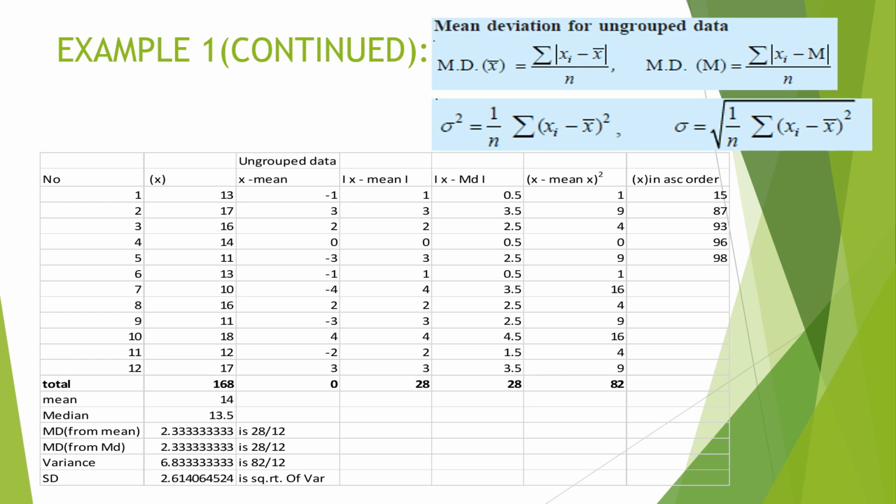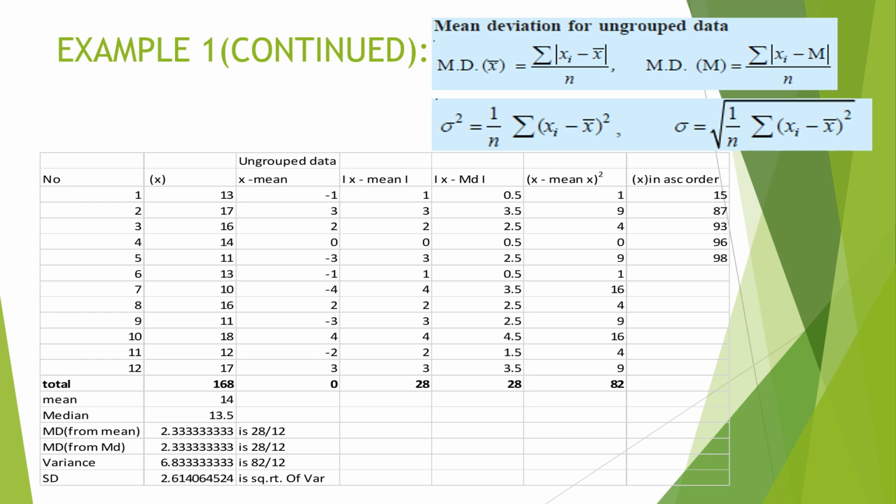Next we find the mean deviation from median. Here it is the same formula, but you have to do xi minus median. In this case I have directly taken the absolute value, because now I think it is clear that absolute value means you ignore the sign. For the first observation, 13, the median is 13.5, so 13 minus 13.5 is minus 0.5.